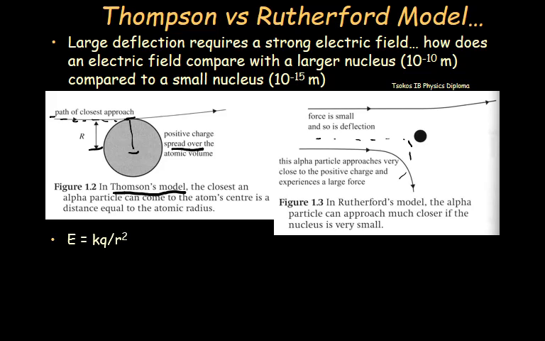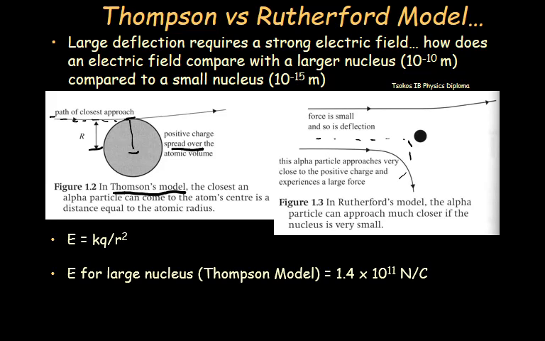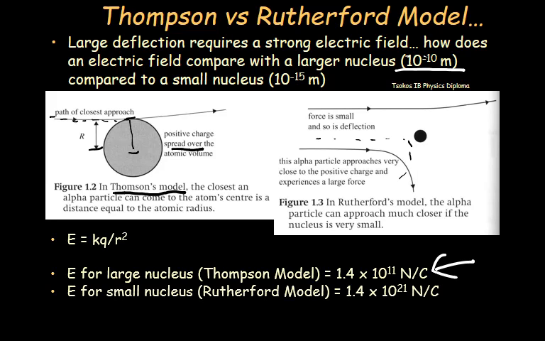We know that an electric field is kq over r squared. For a large atom, with a size of 10 to the negative 10th meters, we're dealing with an electric field like this. But with a small nucleus, on the order of a magnitude of 10 greater with Rutherford's model, we have a really strong electric field that can cause a very extreme deflection of these particles as they pass through.